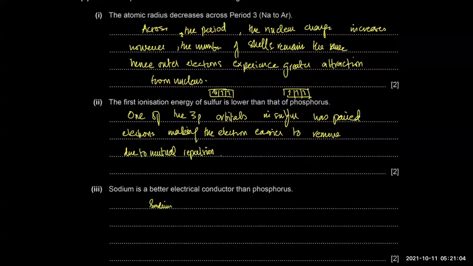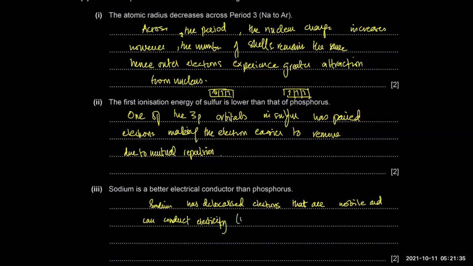Hence it has delocalized electrons, or free electrons, that are mobile and carry charge and can conduct electricity, right? And this is because sodium has metallic bonding. I'll write that down in parentheses.